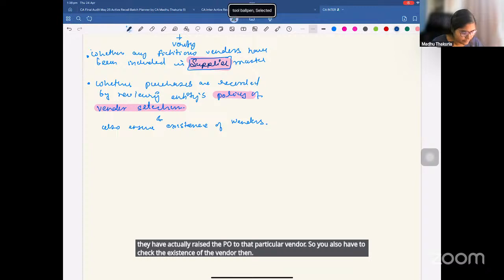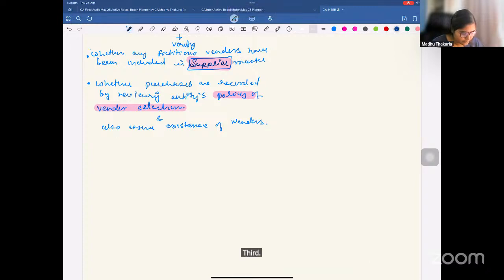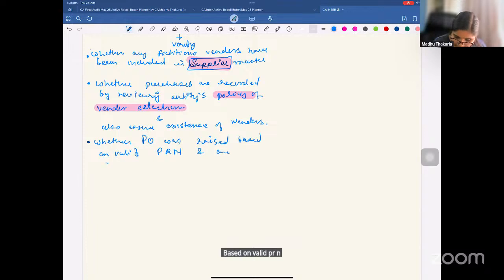Third, whether the PO was raised based on a valid PRN and approved by the delegated authority.